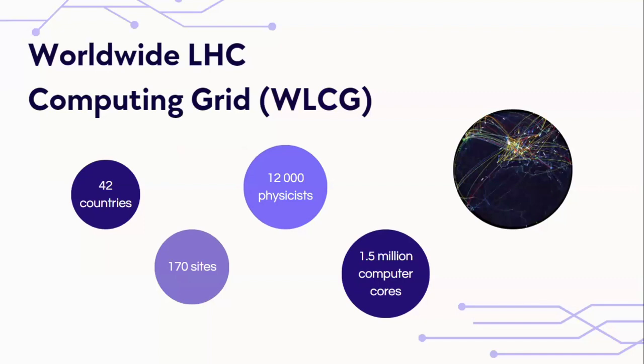So to begin with, let us have a very wide perspective of what we are dealing with. Perhaps everyone knows that the Large Hadron Collider produces an enormous amount of data, and in order to use it efficiently, the Worldwide LHC Computing Grid together with the Open Science Grid interconnects almost 1.5 million computer cores among 170 sites from 42 countries.